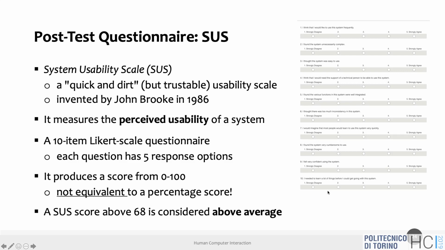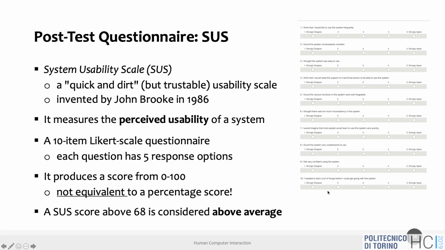It is a 10-question questionnaire. Each of these 10 questions has a Likert scale from 1 to 5, where 1 is strongly disagree and 5 is strongly agree. So 5 response options, and in the end the questionnaire produces a score from 0 to 100 that is not equivalent to a percentage score, so it's not comparable between different systems, but is based on quartiles.